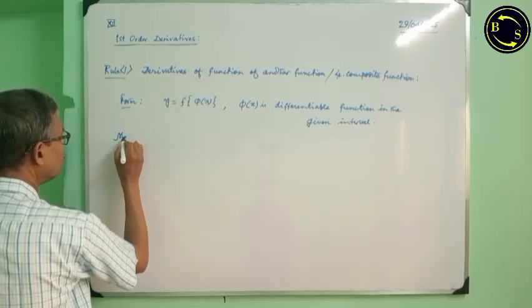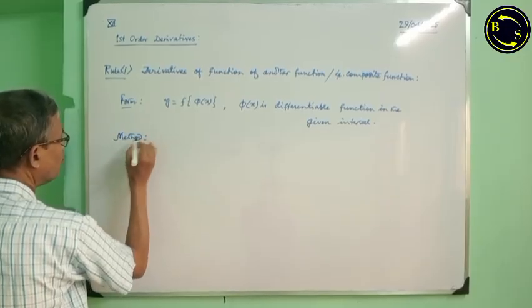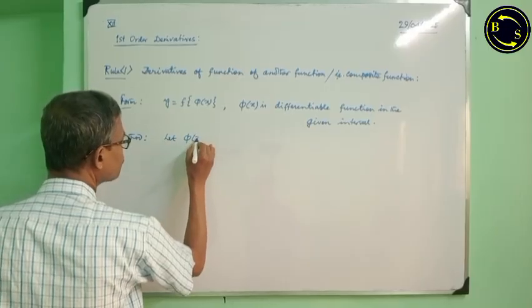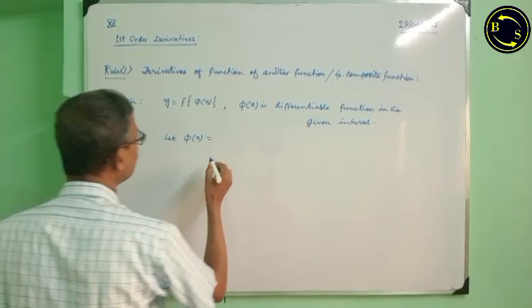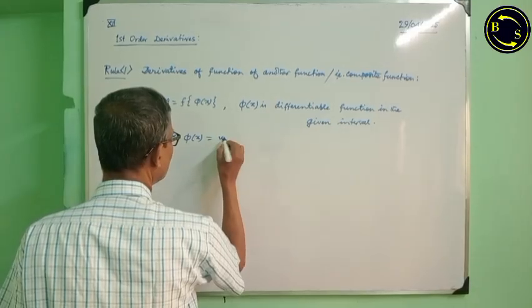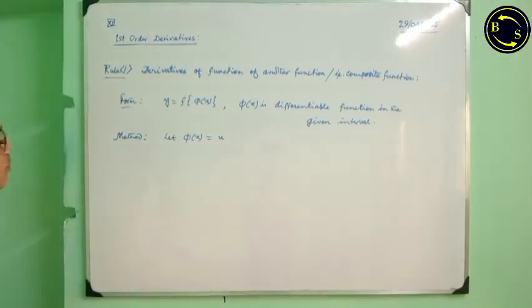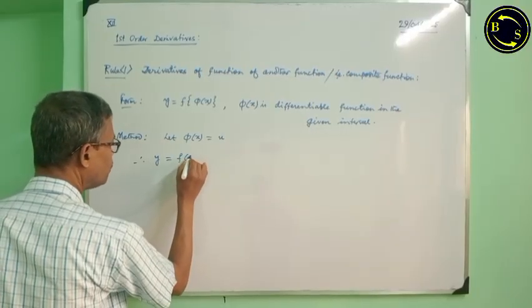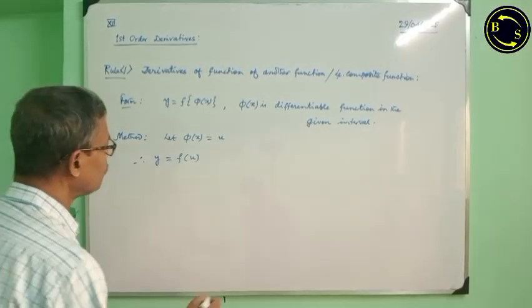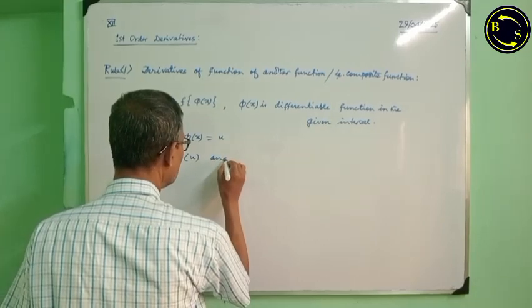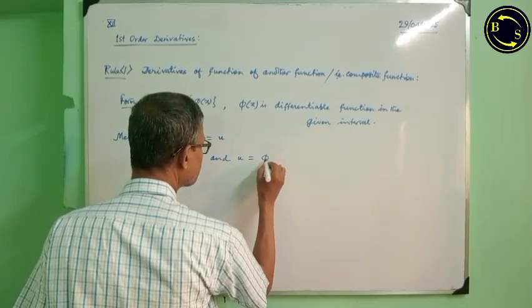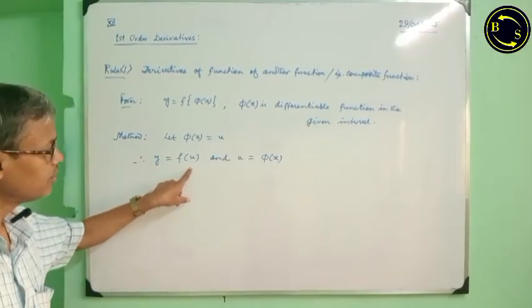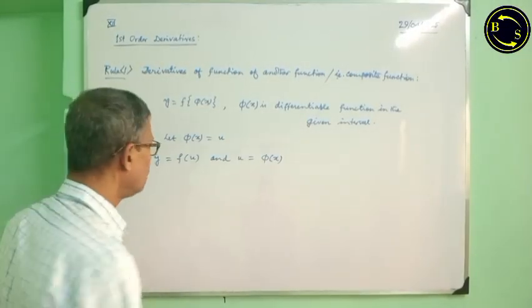Method: let phi x be u. Therefore, y is now function of u and u equal to phi x. Now we get y function of u and u function of x.